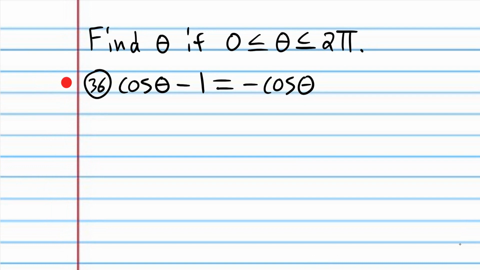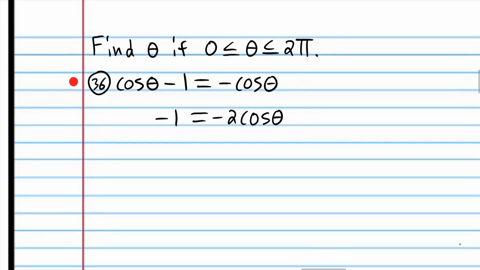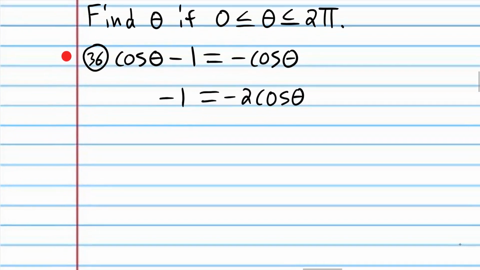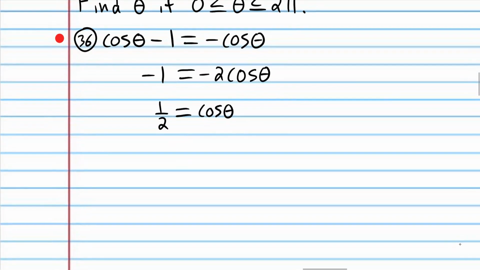So I am going to subtract cosine theta from both sides of the equation. And then I'm going to divide both sides by -2. And you may recognize this ratio as x over 2x. So that's a 30, 60, 90 degree triangle. So let's draw some axes to help us.